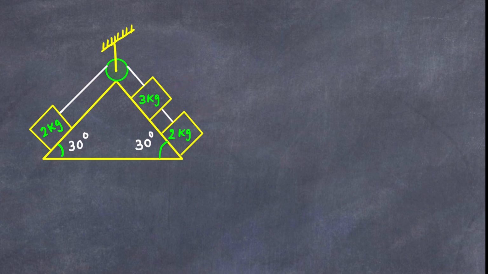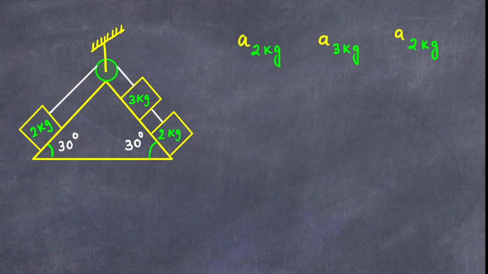Over here you can see that this 3 kg mass and this 2 kg mass are placed on this inclined plane of angle 30 degree, and this 2 kg mass is also placed on this inclined plane of angle 30 degree. This 2 kg mass and this 3 kg mass are connected by a single string, so the acceleration of the 2 kg block will be equal to the acceleration of the 3 kg block, right?